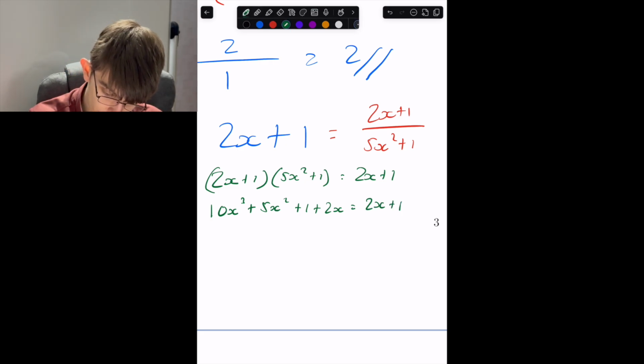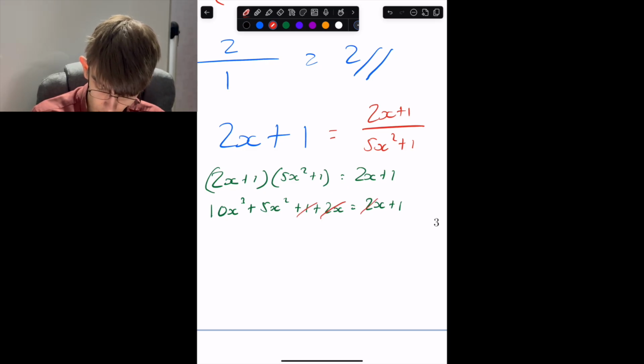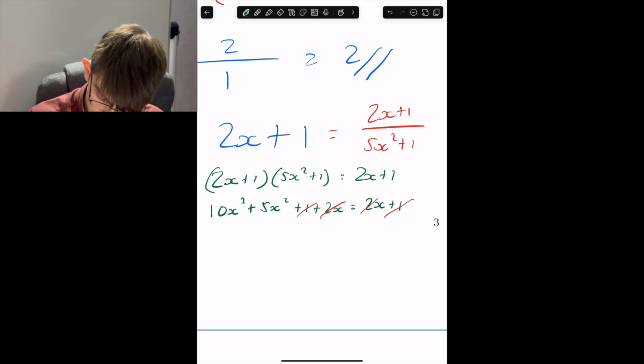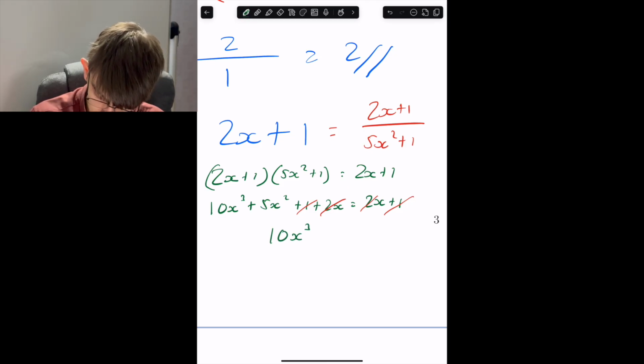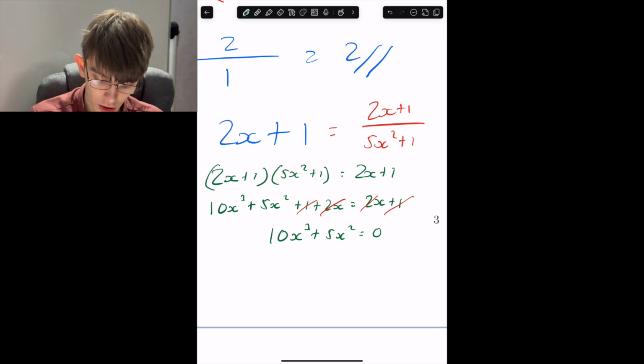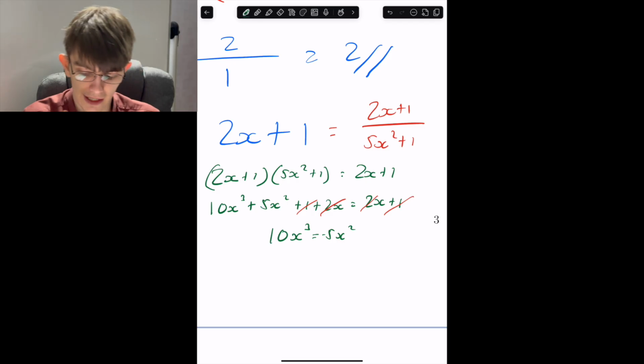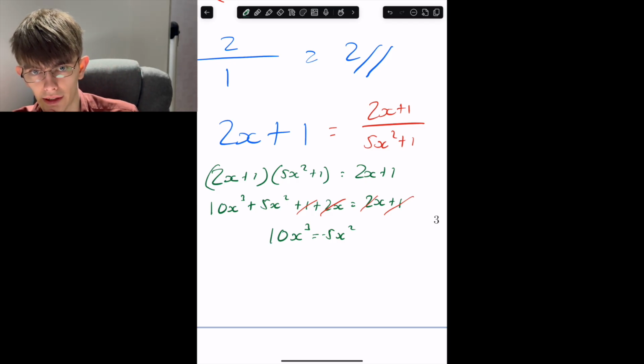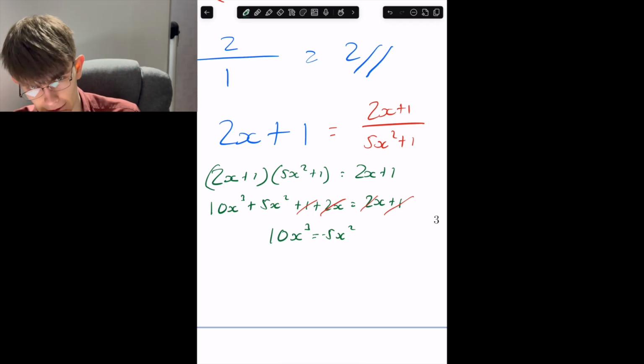And then I can minus 2x from both sides, minus 1 from both sides, and I just end up with 10x cubed plus 5x squared equals 0. Minus the 5x squared from both sides, and I get 10x cubed equals minus 5x squared. This isn't starting to look like 0.